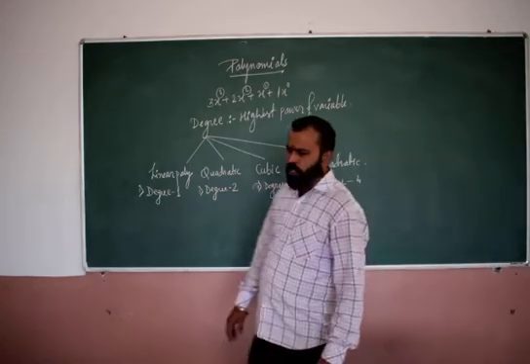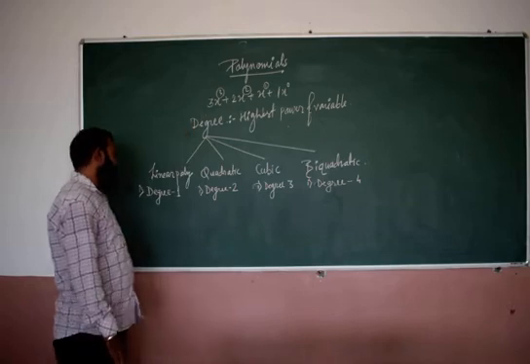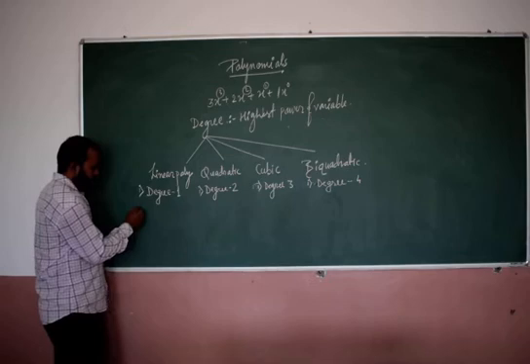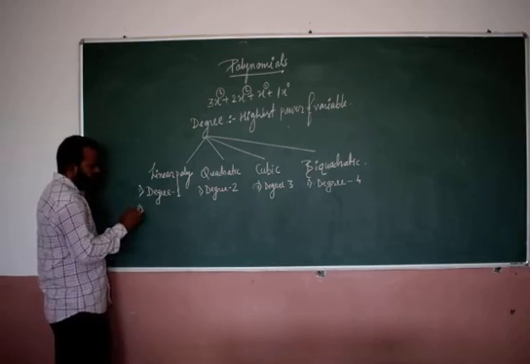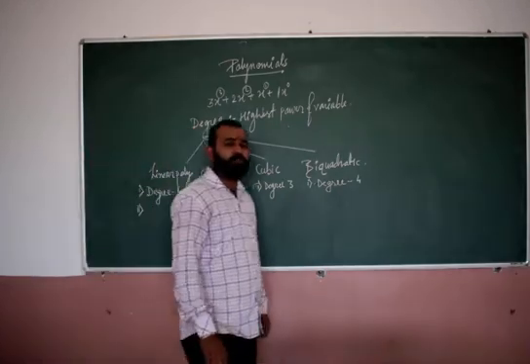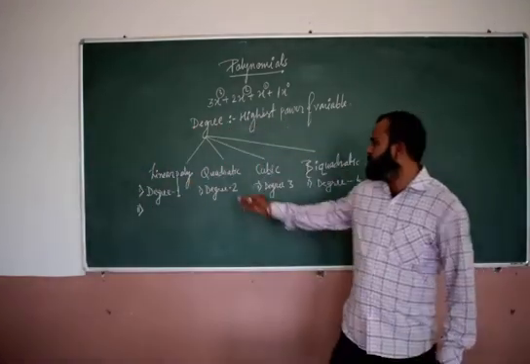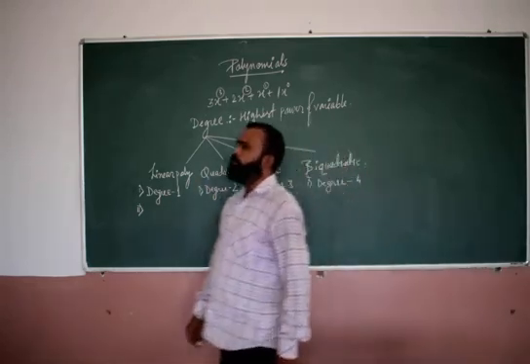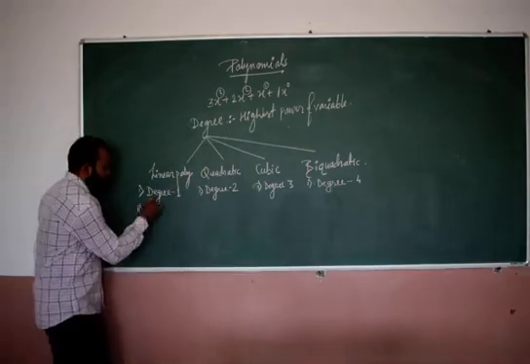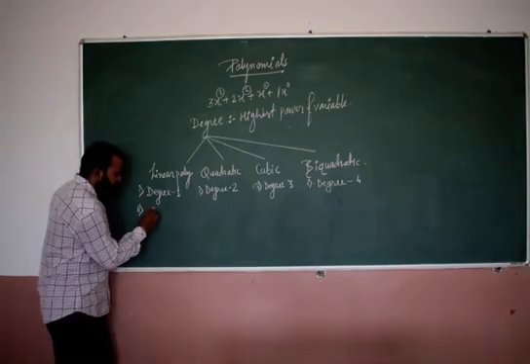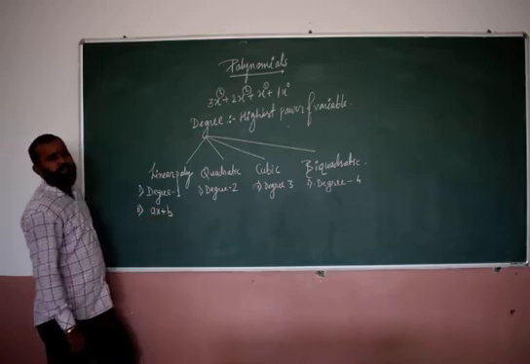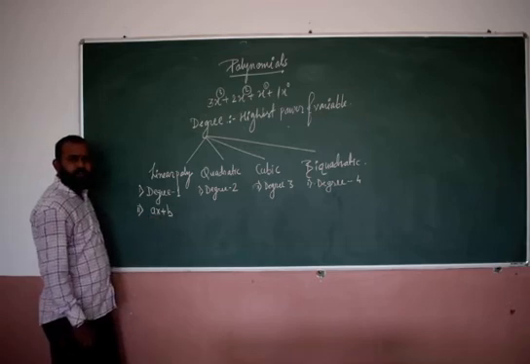Okay, so after the degree, one new concept I am telling you is the standard forms of these given polynomials. Standard form. The standard form of a linear polynomial is ax plus b, where a and b are any real numbers and x is a variable.